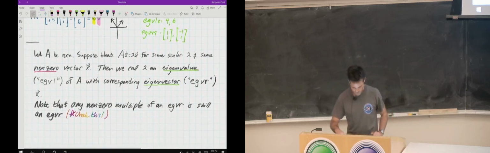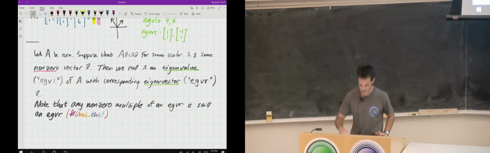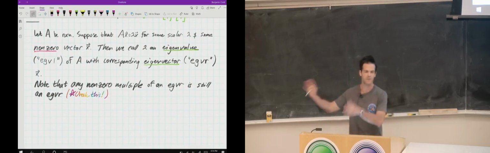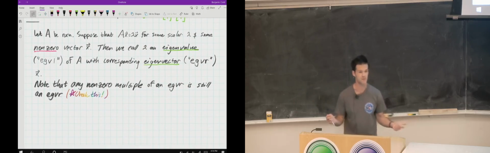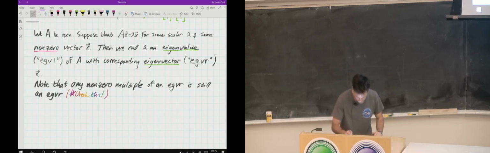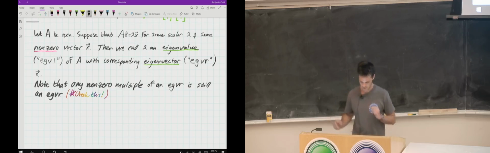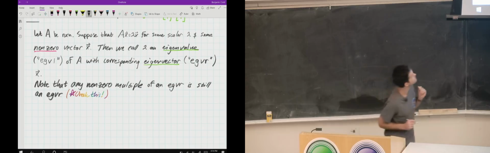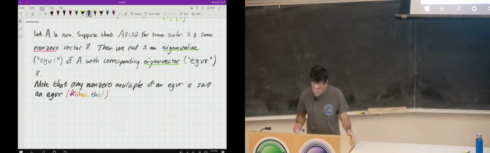So the applications of eigenvalues and eigenvectors are numerous, way more than I can name, but differential equations, partial differential equations, image recognition, signals processing. Yeah? So if you multiply an eigenvector, are both of those eigenvectors?